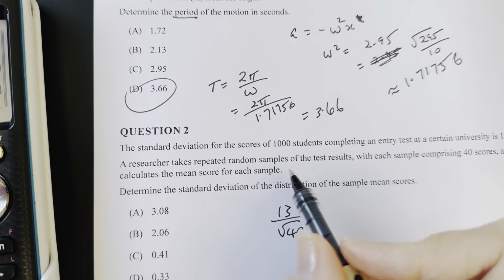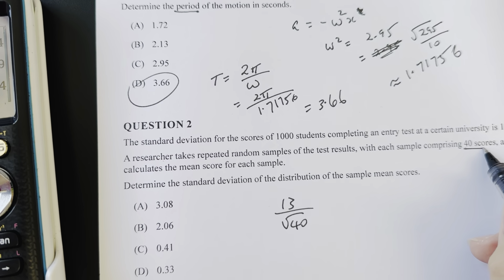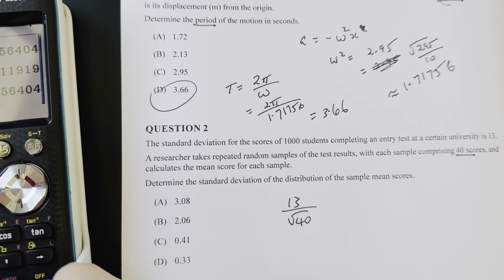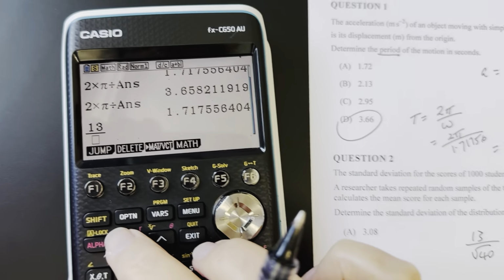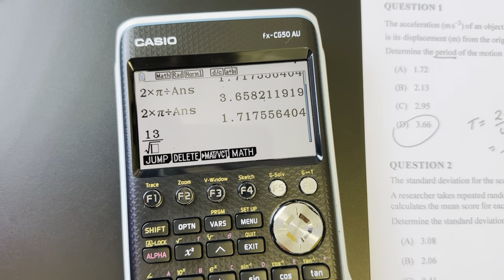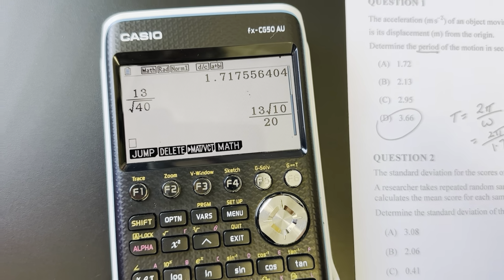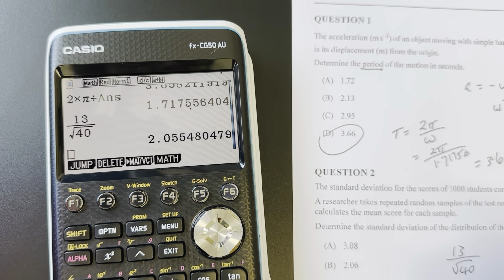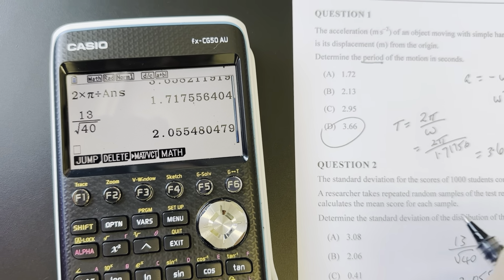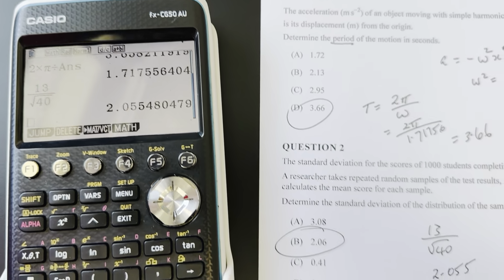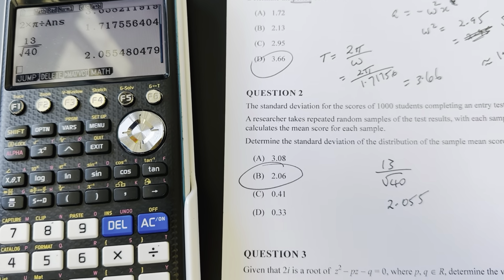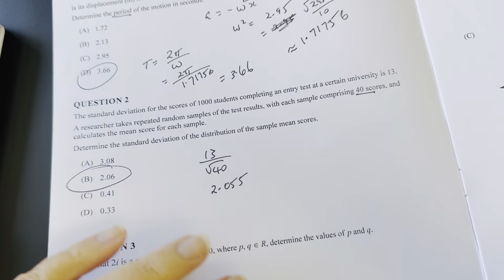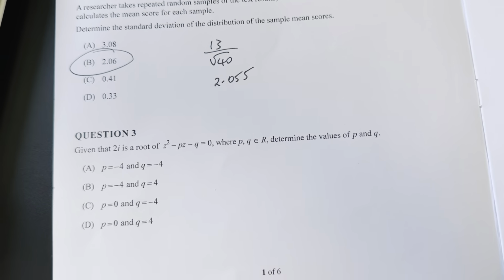Because repeated random samples of 40 scores, don't do the 1,000. 13 over shift square root 40. Gives me a nice thing, 2.055. My closest answer is B. Okay. They're nice ones for us to start with.